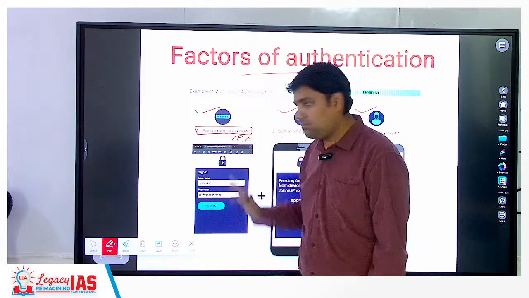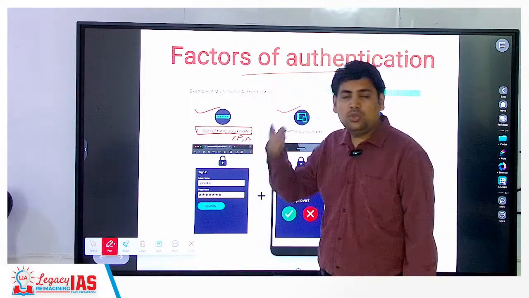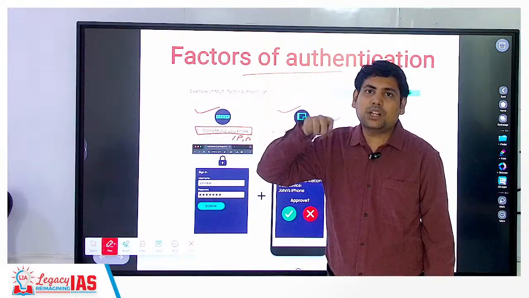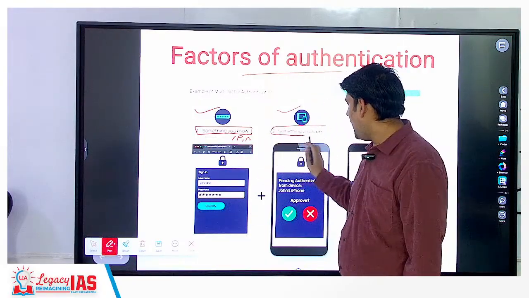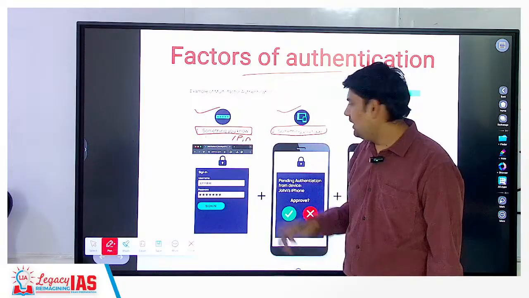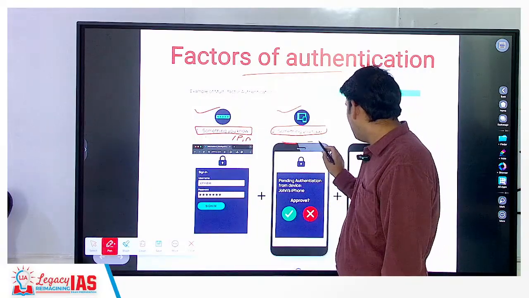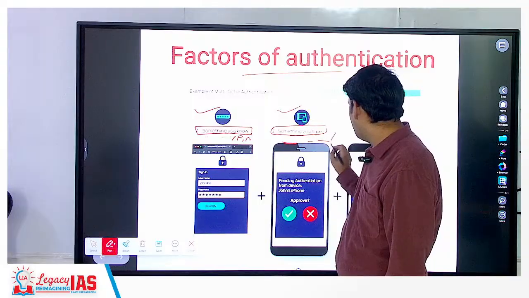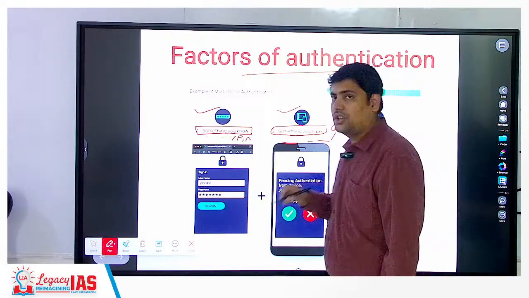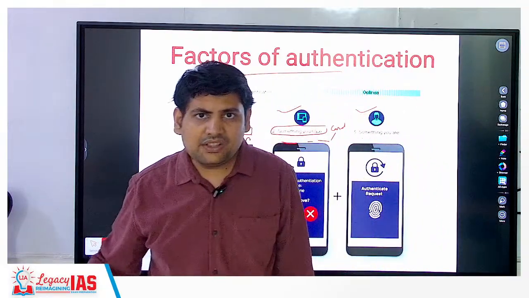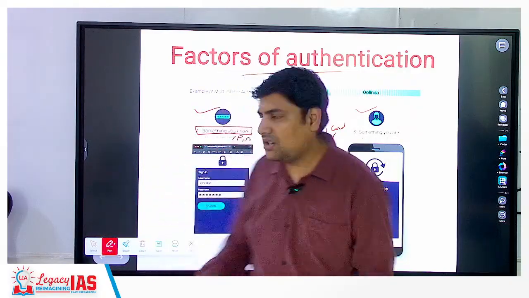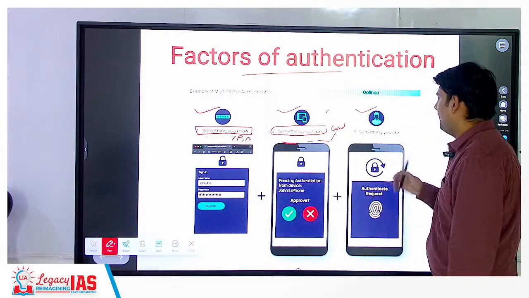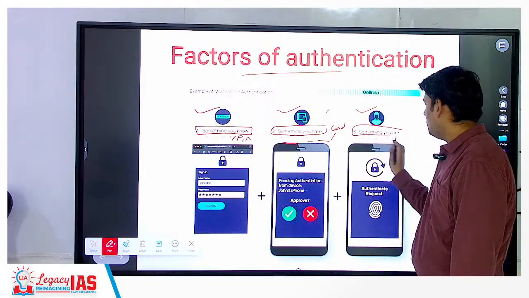So password or PIN. This is something you know, correct? PIN you remember, password you remember. Now second is something you have. Something you have, like a device, a token, or YubiKey, or let's say a card. So I have this phone, or I have this card. All these are something you have. Simple.